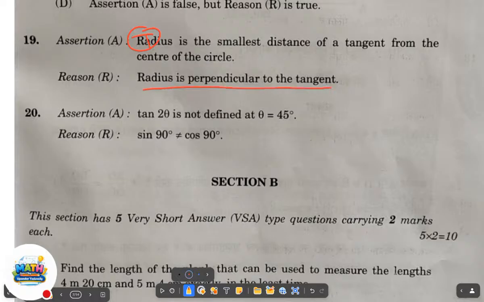Yes, true. Perpendicular distance is always the shortest. So both A and R are true, and R is the correct explanation, so we choose option A. Why is it the shortest distance? Because it is the perpendicular distance from the center to the tangent.